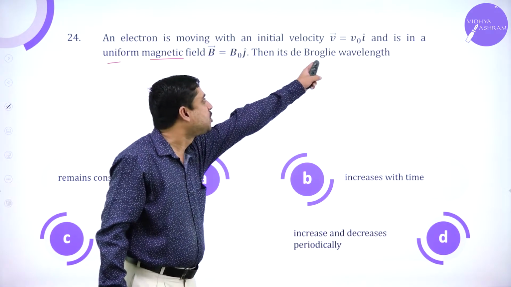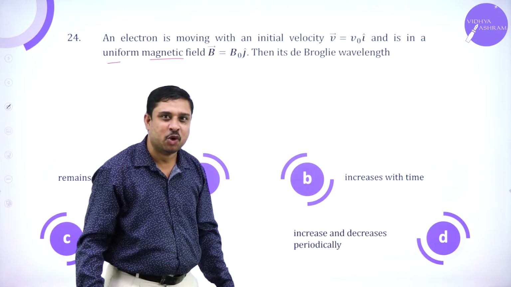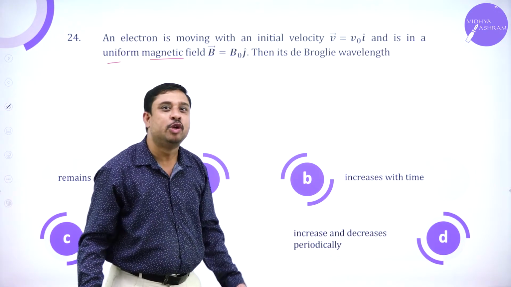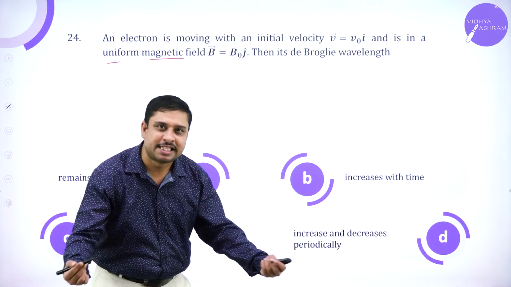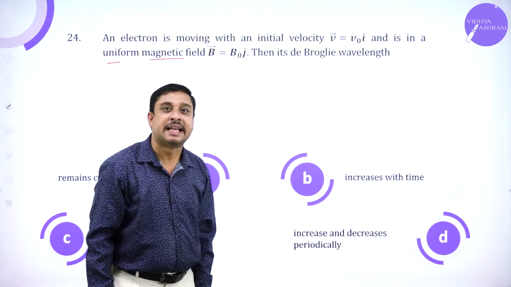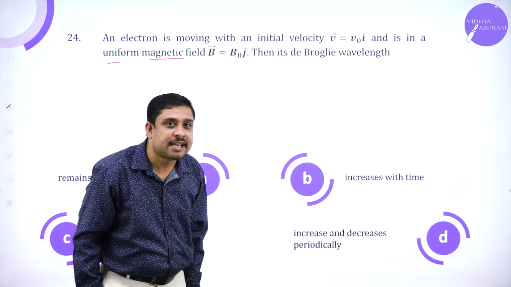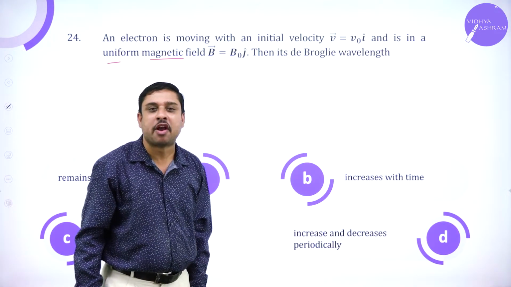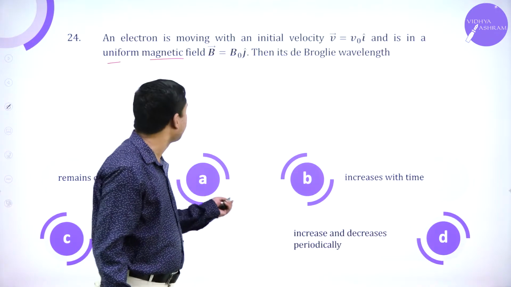What happens to its de Broglie wavelength? The moment you read the term uniform, you come to understand that there is no change in wavelength. So de Broglie wavelength remains constant. Why is it remaining constant? Because the electron is moving in a uniform magnetic field.